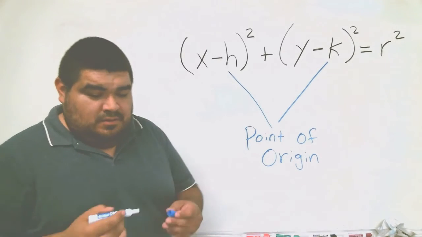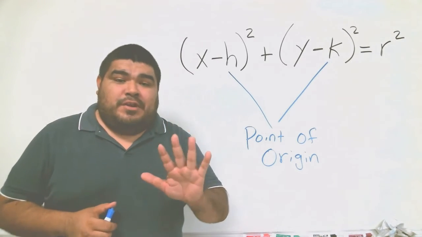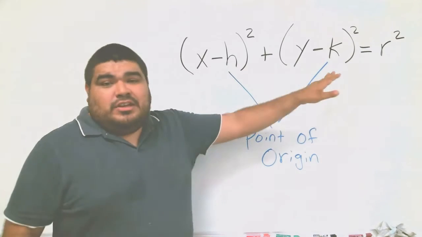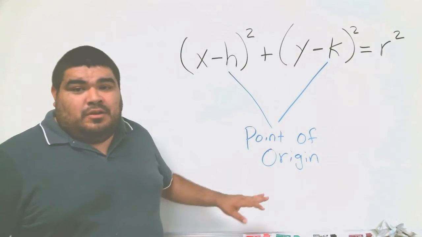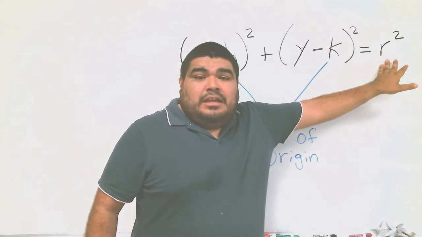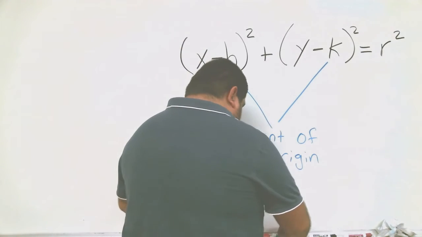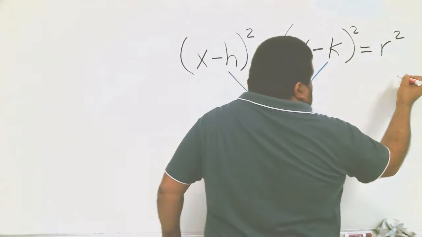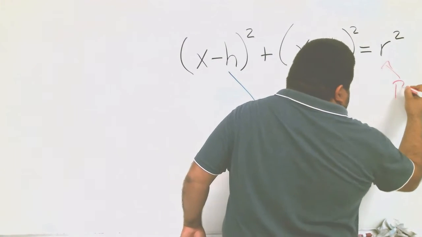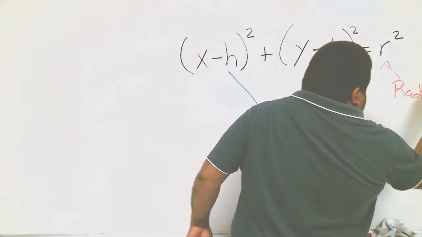That's all you have to know for now, all right? Just h and k is your point of origin. Your r is the radius, okay?